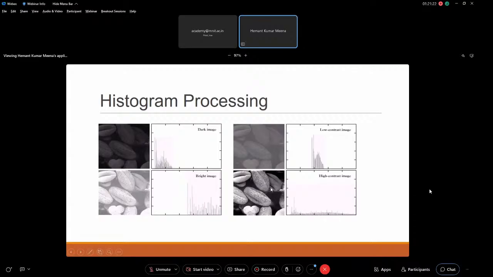So that's why the fourth image, the high contrast image, is far better in appearance than the other images, because it has a uniform distribution of pixel intensity.